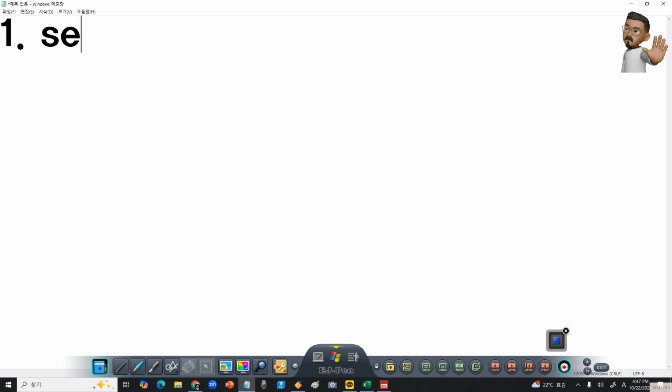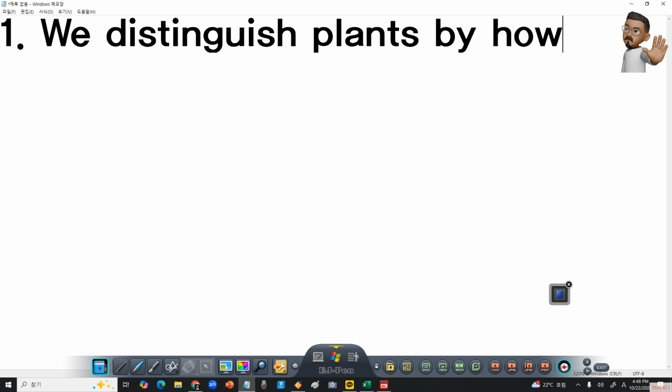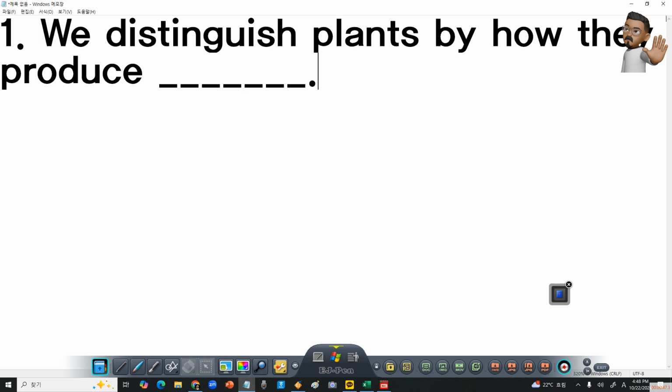Yes. Oh, write it down, the answer. Seeds. Okay, the question was this. We distinguish plants by how they produce blank, okay?